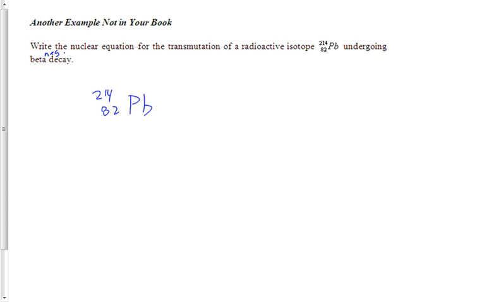Where does the beta minus particle come up here? Is it on the left side or the right side? The right side. It's broken off, right? It's a chunk that's released. 0, minus 1, beta. We call this a parent nucleus. It starts off this way. This would be a daughter nucleus. It's produced from the parent.